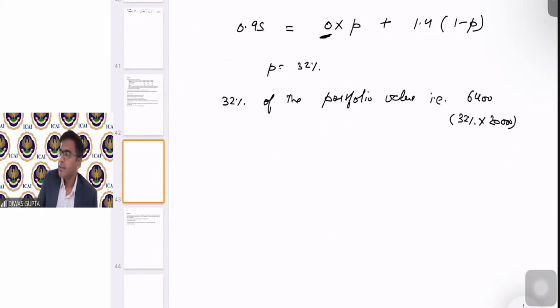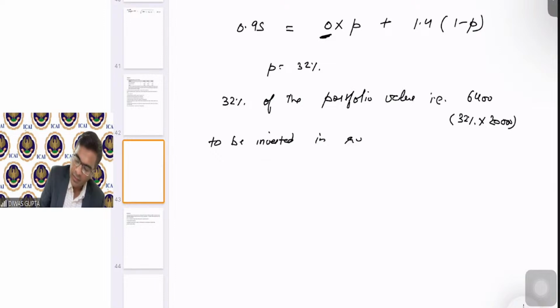So this amount has to be invested in risk-free securities. Okay, students?